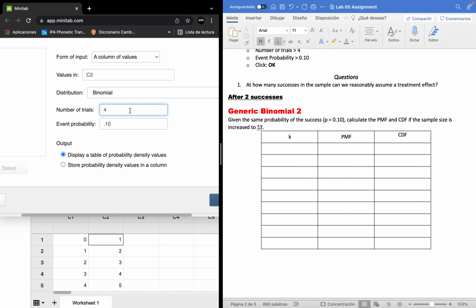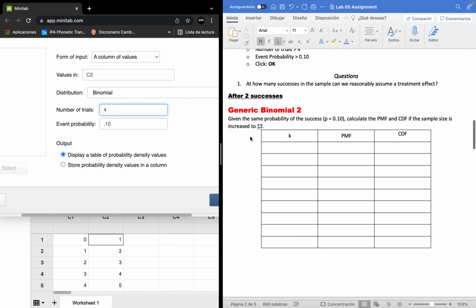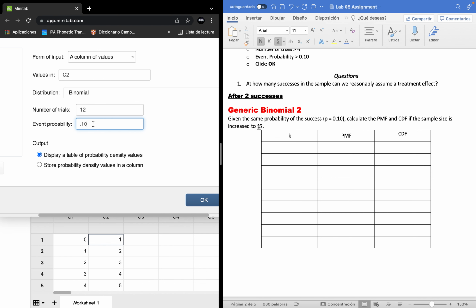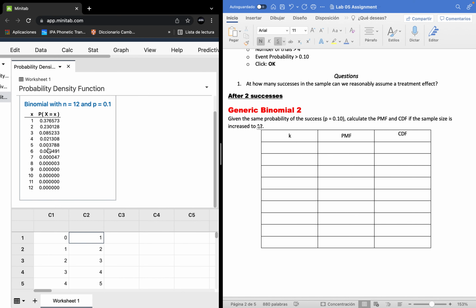Binomial, and here be careful: now we're using 12 trials, so we have to put 12 here. The probability is the same, 0.10. Binomial 12, 0.10, column value, so I think everything is correct. I click OK, and there you have the probabilities for 1 success, 2, 3, 4, 5, 6, 7, when we repeat the same experiment 12 times.